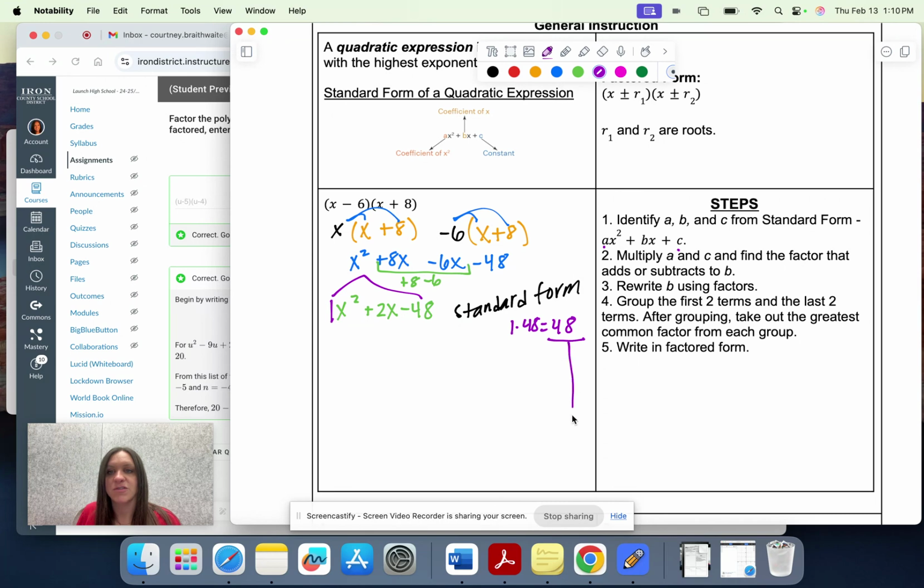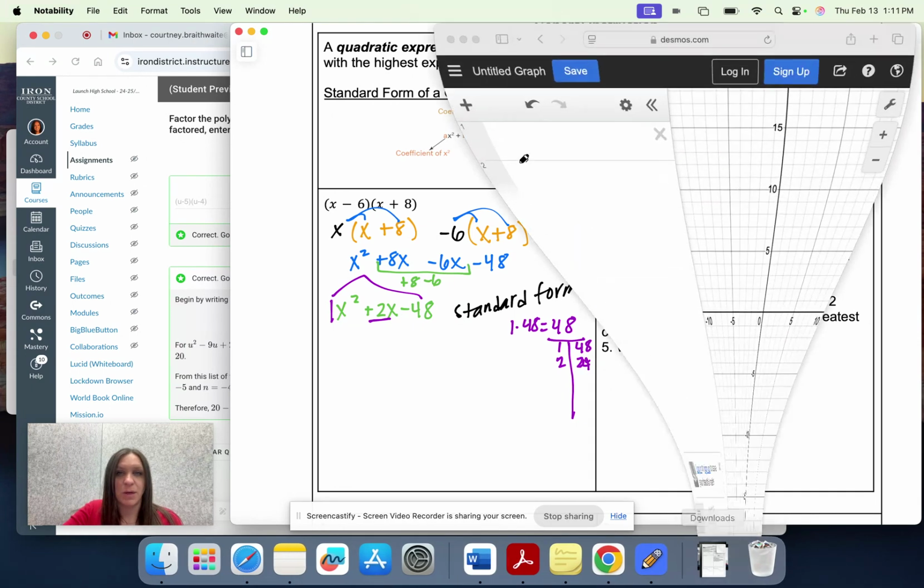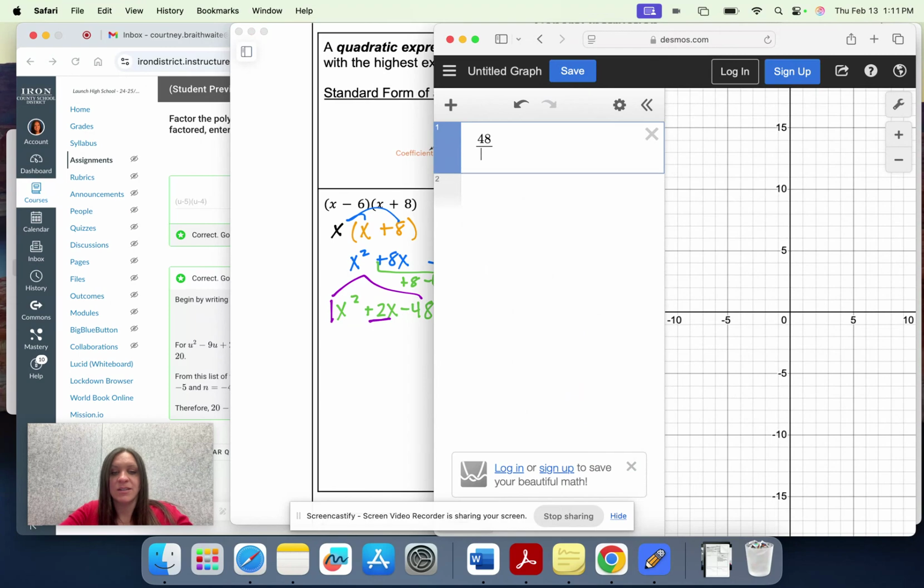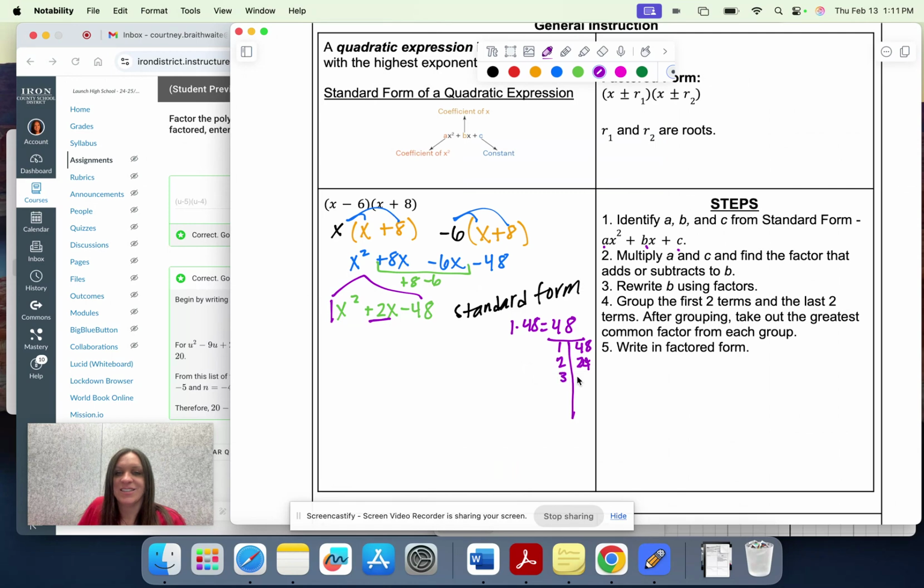And then we want to find factors that add or subtract to B. B is the middle number. So we're looking for numbers that add or subtract to 2. So I have 1 times 48 is 48. 2 times 24 is 48. Does it divide by 3? I don't know. Let's see. 3 times 16 is 48. 4 times 12 is 48.